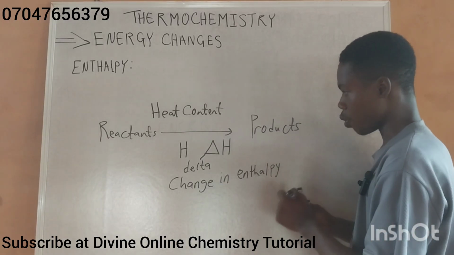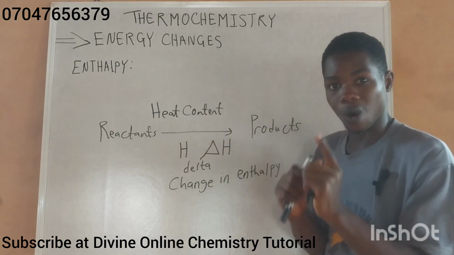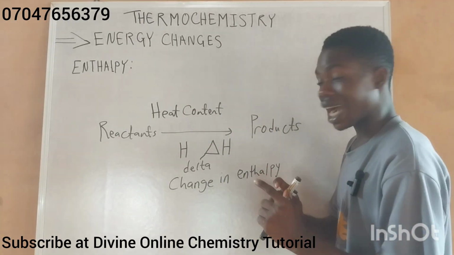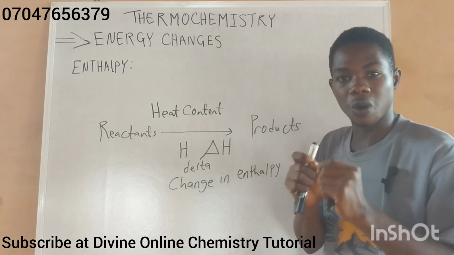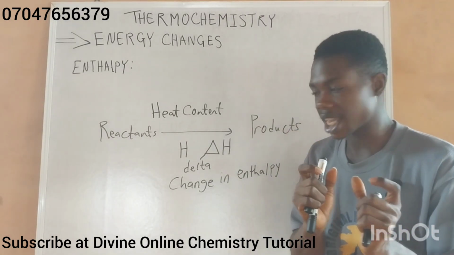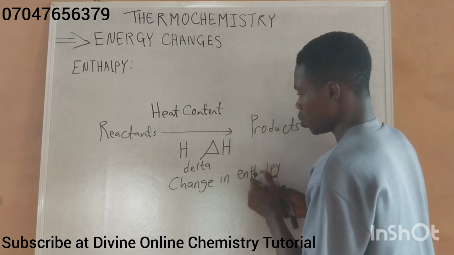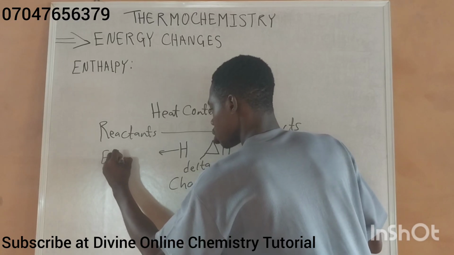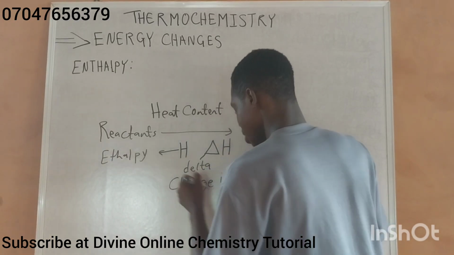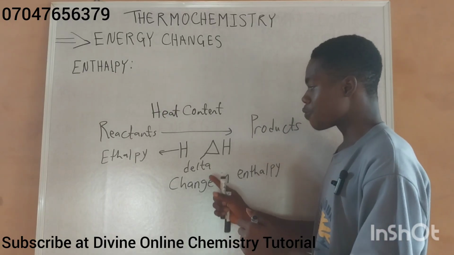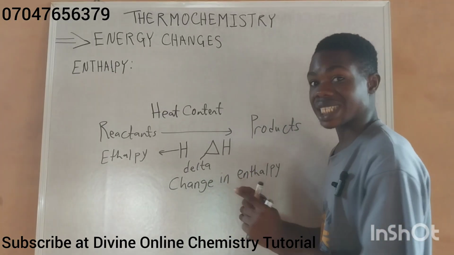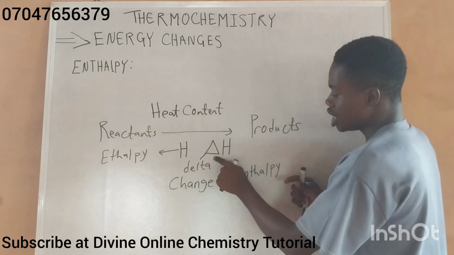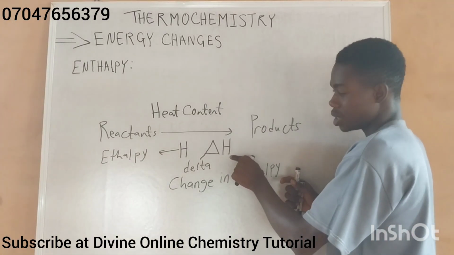So please take note of this. Now, like I said earlier on, enthalpy is simply the heat content of a chemical reaction. And then I went on to say that the symbol for representing enthalpy is this capital letter H. And change in enthalpy can be represented with this symbol, where we have this triangle sign here, then the H, which happens to be the enthalpy.